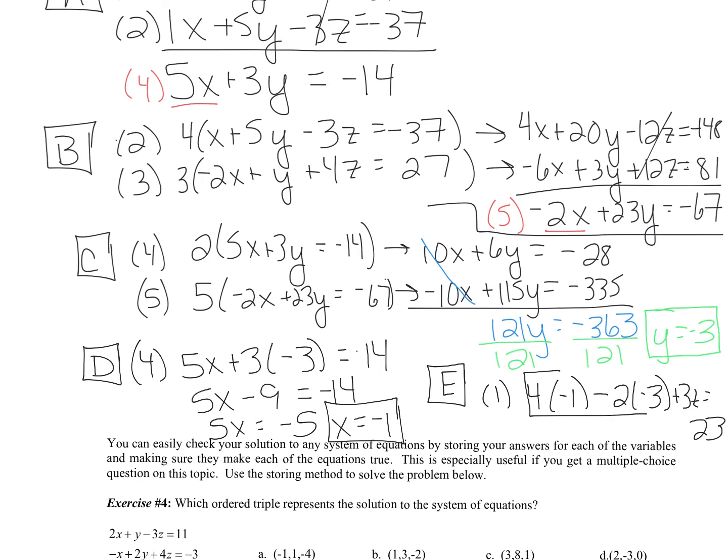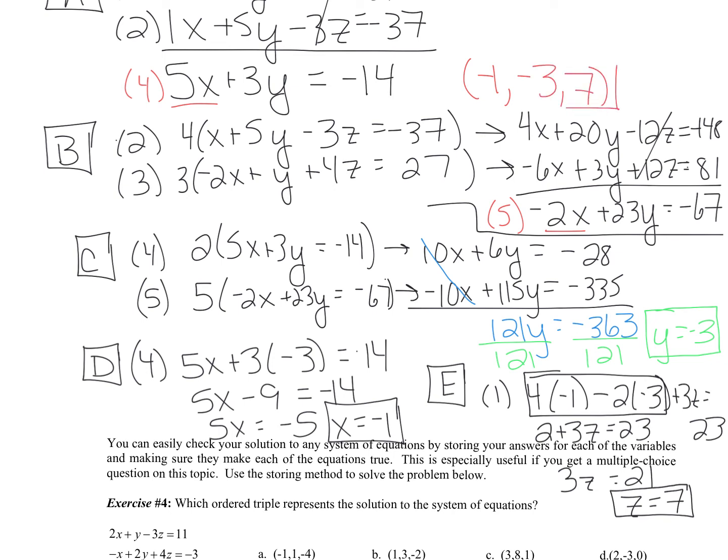If I combine this together, it is going to equal 2. So 2 plus 3z equals 23. I'm going to subtract that 2 and get 21. So z equals 7. Finding a spot that's open, I'm going to write my answer up here. So I have negative 1, negative 3, positive 7 for the coordinates for that answer.